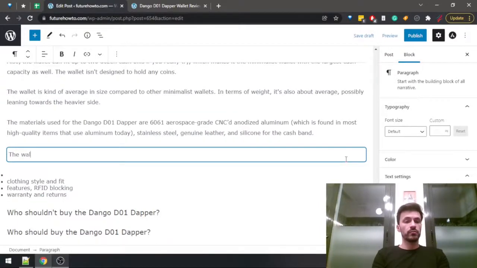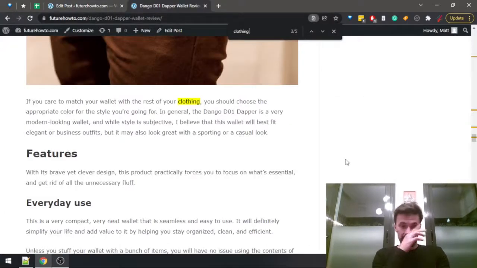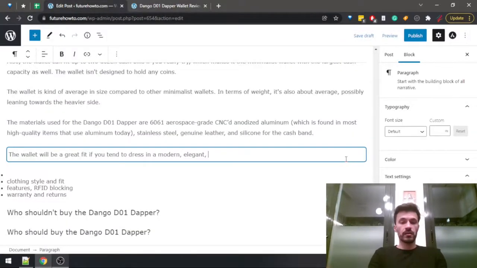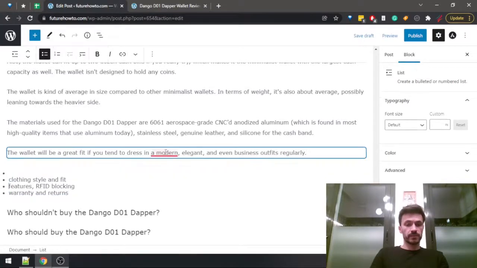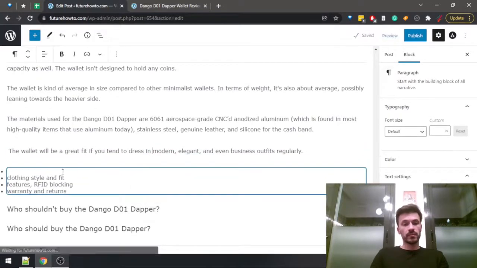The wallet will be a great fit if you tend to dress in modern, elegant, and even business outfits regularly. Okay.